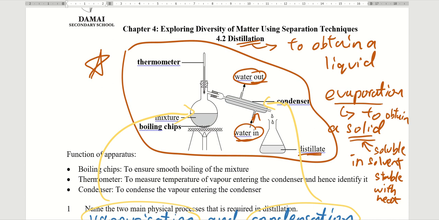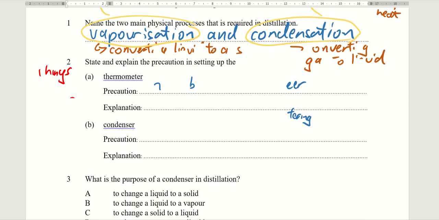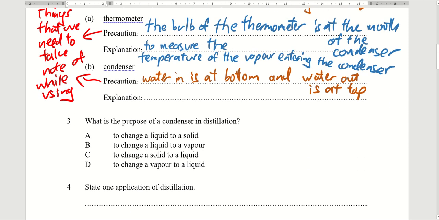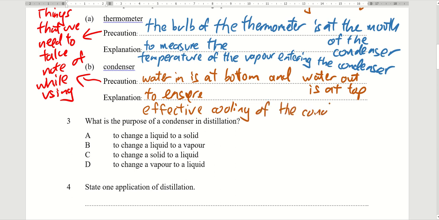So the overall objective of putting the water in at the bottom and water out at the top is to ensure effective cooling of the condenser.